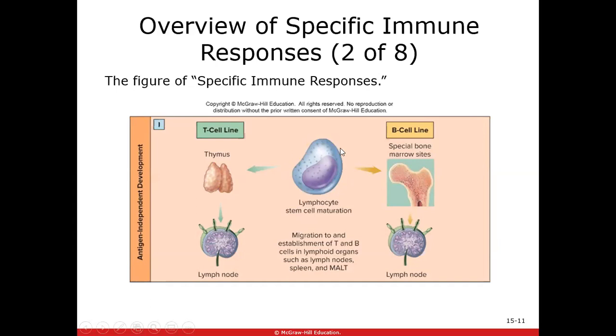Then the bone marrow produces immature lymphocytes, and if it stays in the bone marrow, it goes to a different part of the bone marrow, and it matures and becomes a B lymphocyte. That B lymphocyte then goes to a lymph node or lymphoid tissue as well.